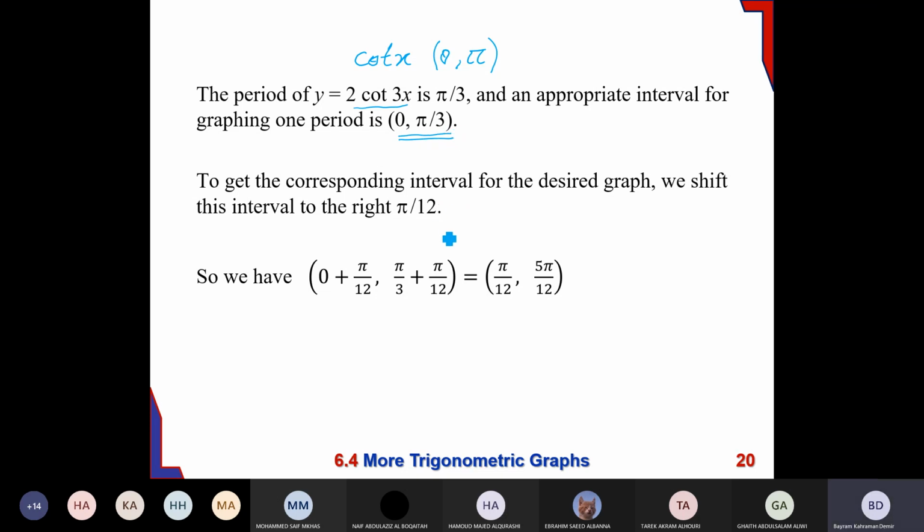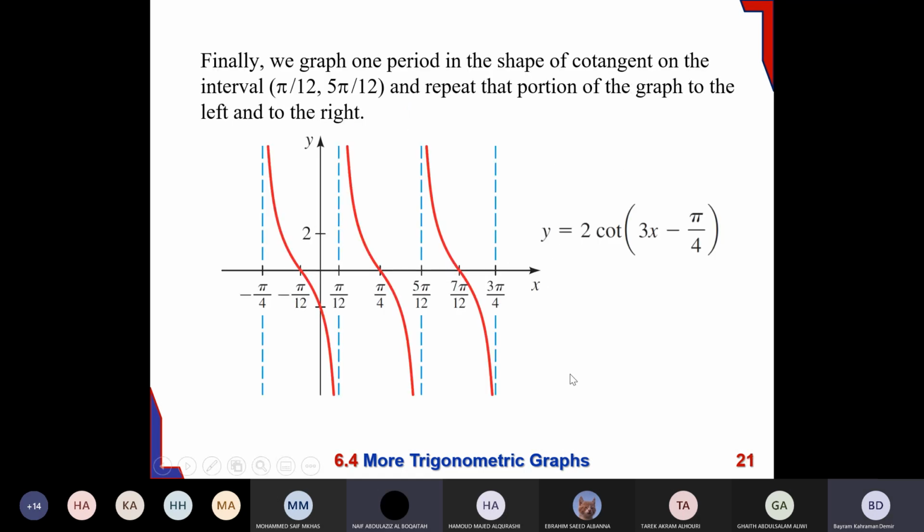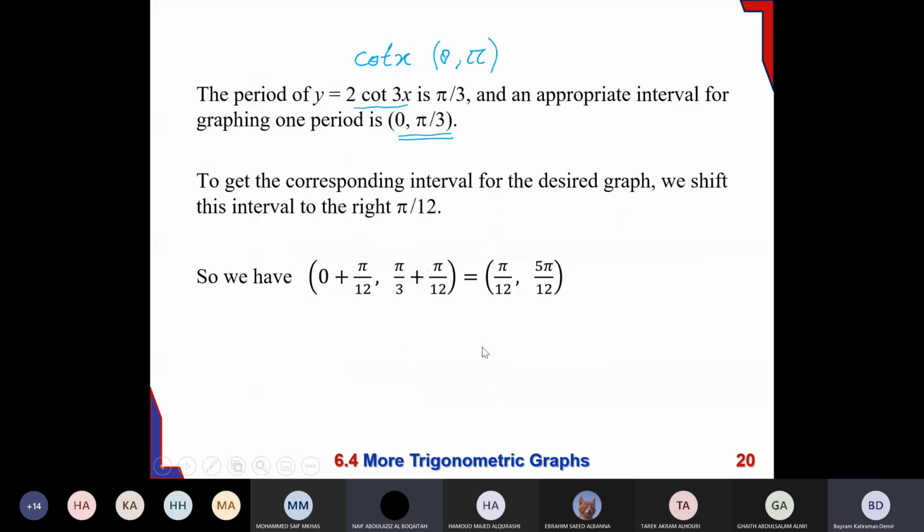Well, how about after the shift? We add pi over 12 to each one, because I'm talking about now 2 times the cotangent of 3 times x minus pi over 12. So I need to add pi over 12 to the numbers before the shift.